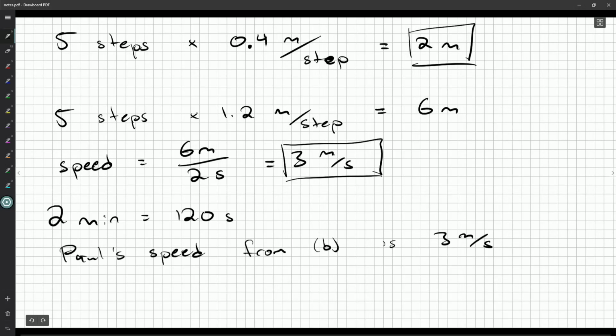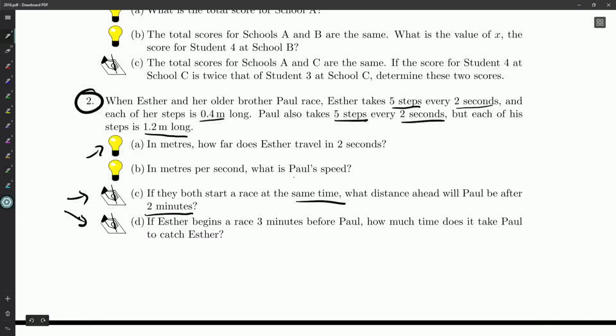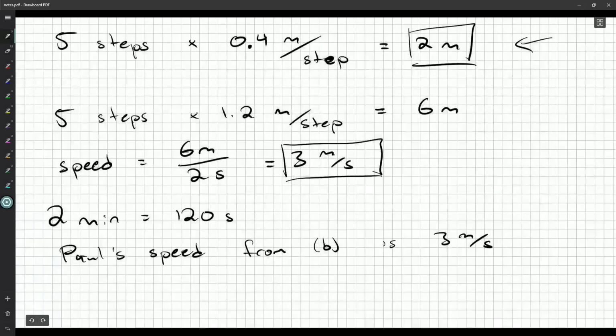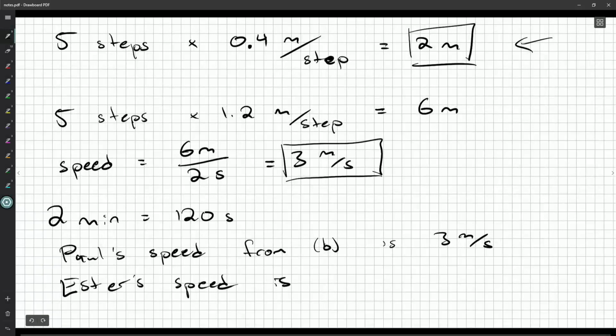Now, we can use A up here to figure out Esther's speed. So Esther's speed, she does 2 meters in 2 seconds. So 2 meters in 2 seconds. Esther moves 1 meter per second. So how far does Paul go in 2 minutes, or 120 seconds?